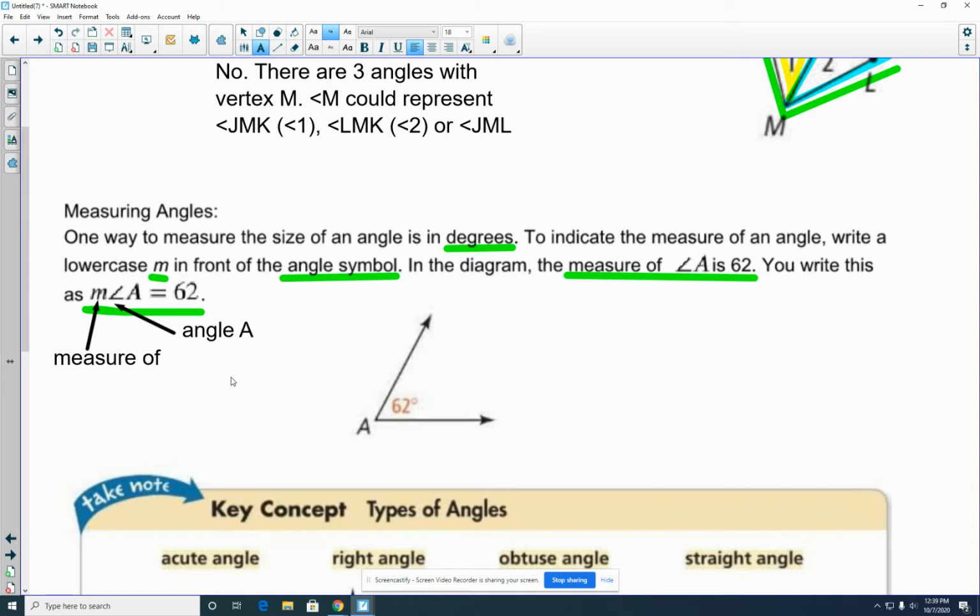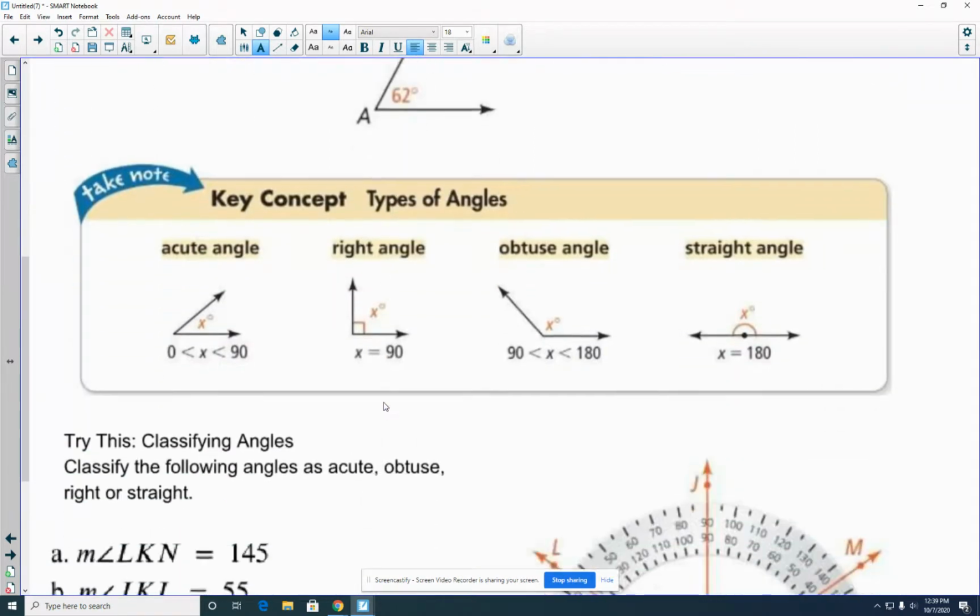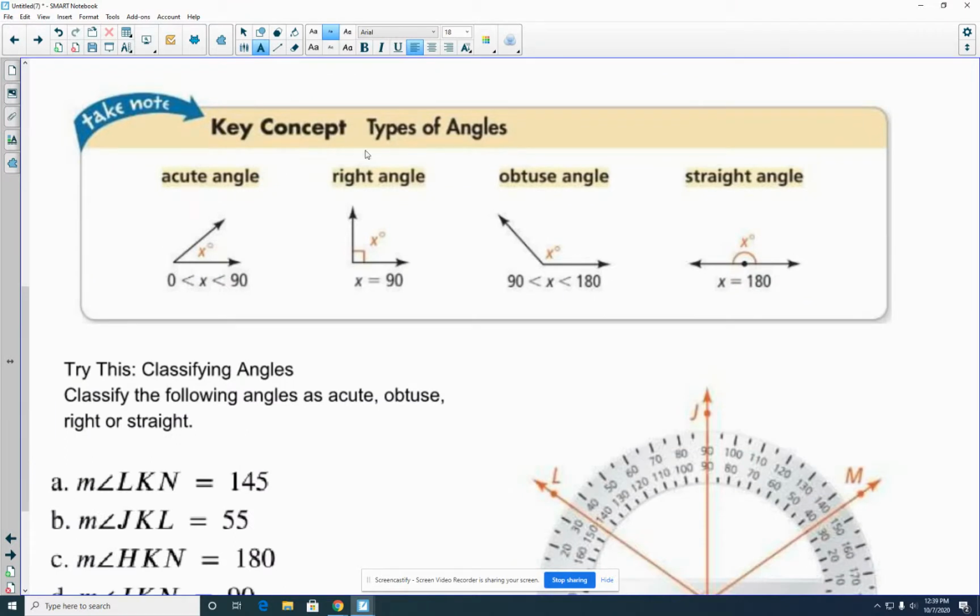Okay, so when we measure angles, we can classify them. So this angle has a measurement of 62 degrees. That's not how we would classify it. You would classify angles as either acute, right, obtuse, or straight. So if an angle is an acute angle, that means that its measure is between 0 and 90 degrees.